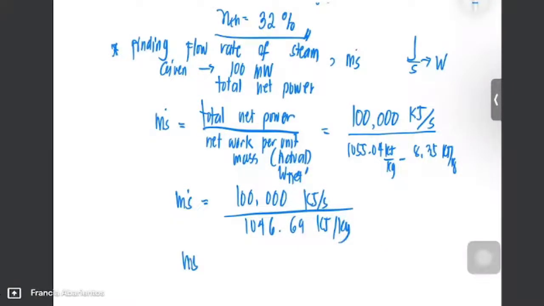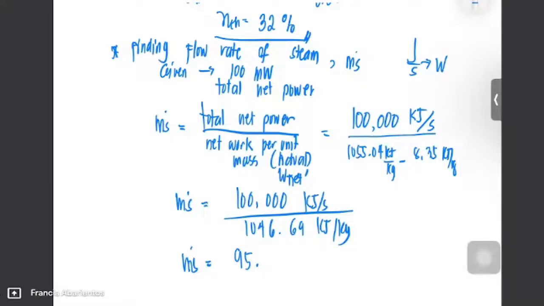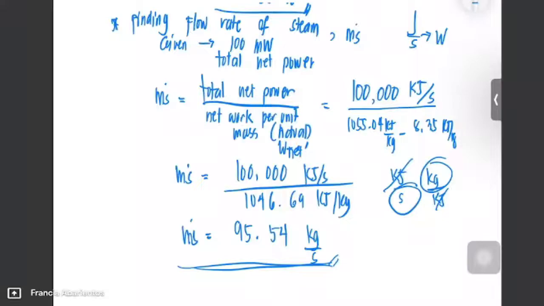So, we have the flow rate of the steam divided by the 1069.95. Ano yung answer niya? 54 kilogram per second. Kilojoule per second, the reciprocal. Kilojoule cancel. Kilogram per second. So we have now the mass of steam.